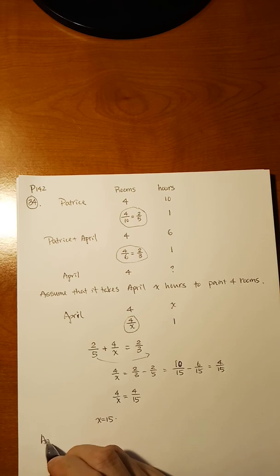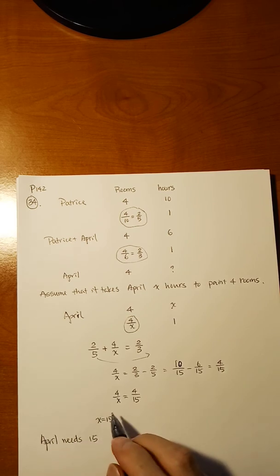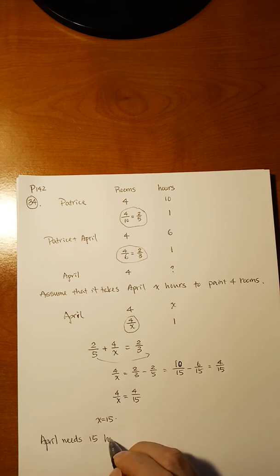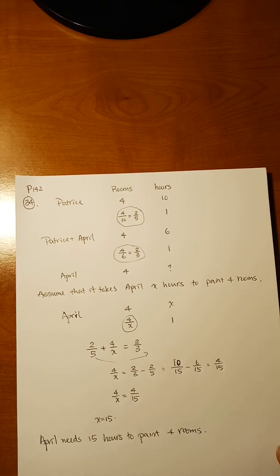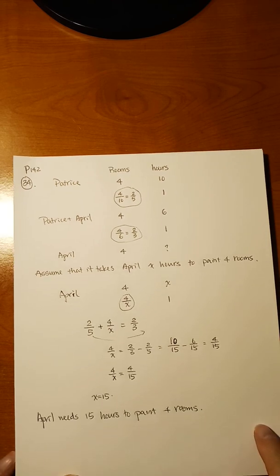So April needs 15 hours to paint 4 rooms. Okay, so that is the answer of the 34.